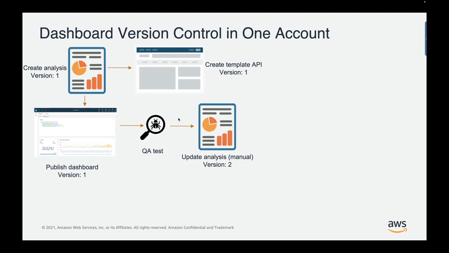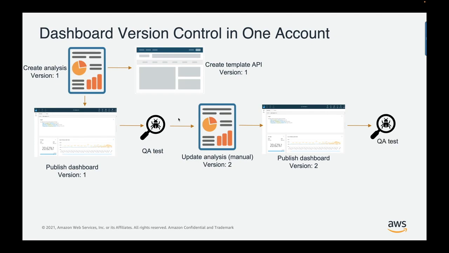So anyway, you have to do something to update your analysis, and it will become version 2, right? And then you publish the dashboard as version 2. And now you run the QA test again. It can be the QA engineer, it also can be your end user doing the UAT test or whatever, similar to the previous step.